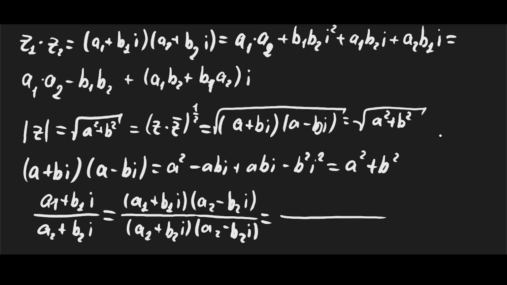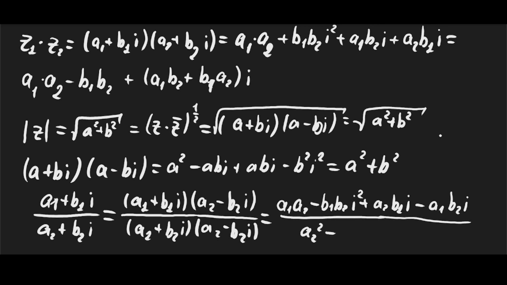And this would be equal to a1 a2 minus b1 times b2 times i square plus a2 times b1 times i minus a1 times b2 times i. And if we look at the denominator, this would be just a2 square minus a2 b2 i plus a2 b2 i minus b2 square times i square.